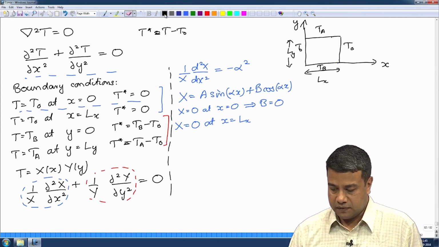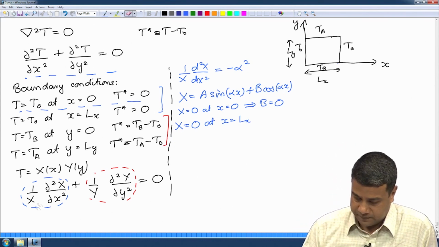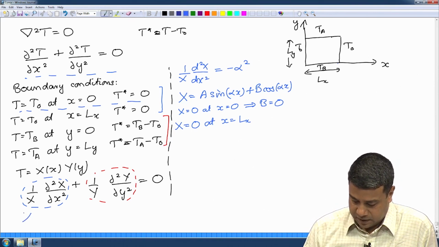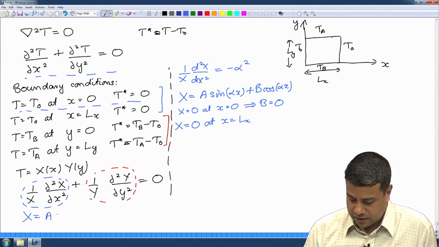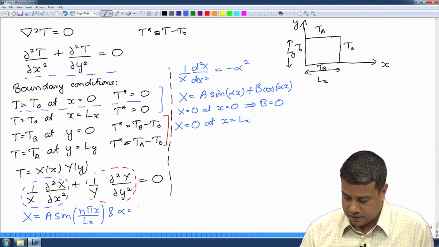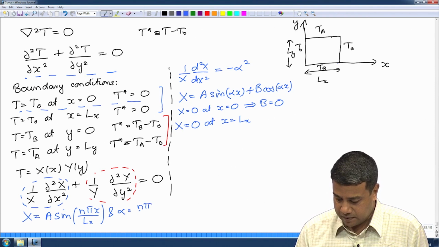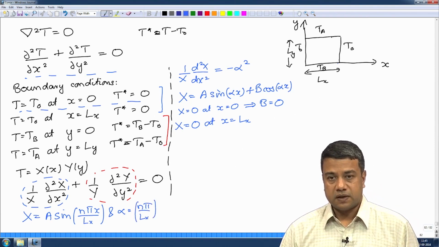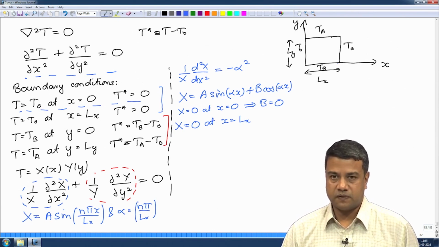Therefore, the solution for this is that X is equal to a sin n pi x by Lx, and alpha is equal to n pi by Lx. So, we have got the form of the solution in the homogeneous direction. These are in the form of eigenfunctions.